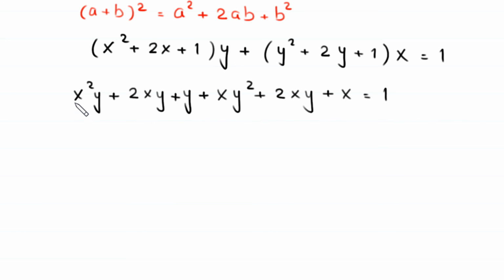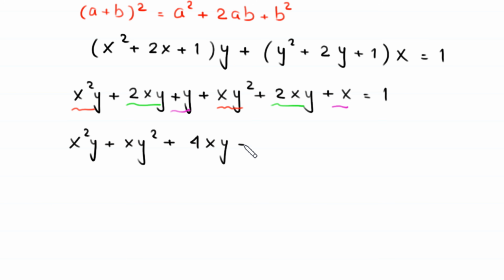Now we combine these two terms x squared y and xy squared, and we combine these two terms 2xy plus 2xy, and we combine these two terms x and y. So this will become x squared y plus xy squared, this 2xy plus 2xy will become plus 4 times xy, plus x plus y equal to 1.